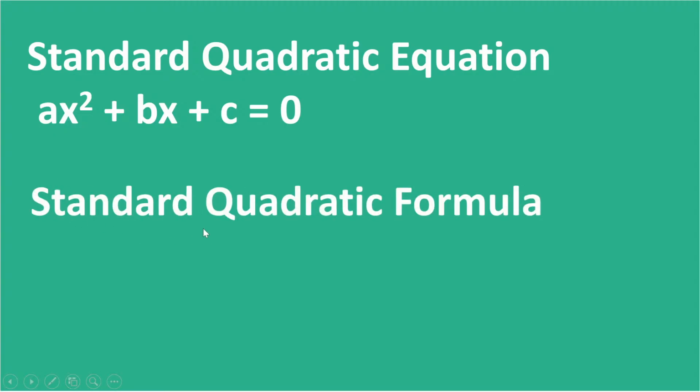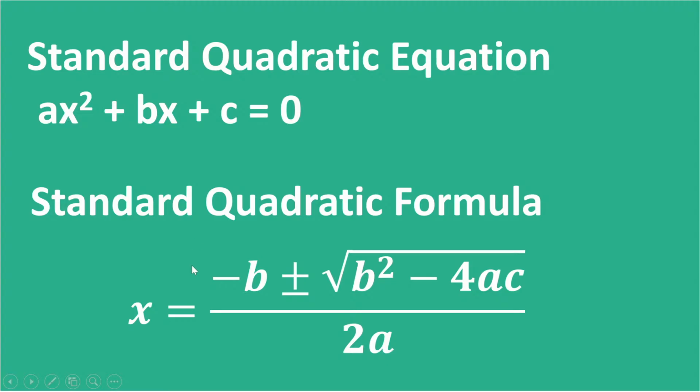The standard quadratic formula is x equal to minus b plus minus square root of b square minus 4ac, divided by 2a. And we will also prove this formula, that is, how we can obtain this formula from the quadratic equation.